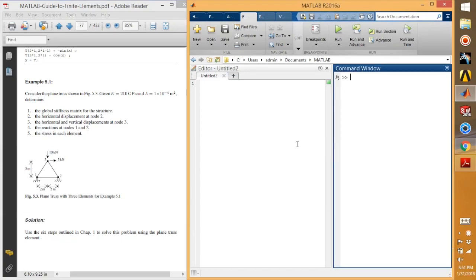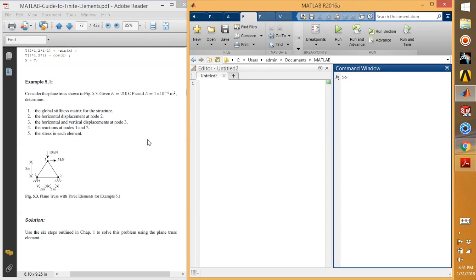Hey guys, welcome back to another tutorial on MATLAB. In today's tutorial I'll be showing you how to solve plane truss problems using MATLAB and a little bit of coding. So I have one problem over here which is a plane truss with 3 elements.